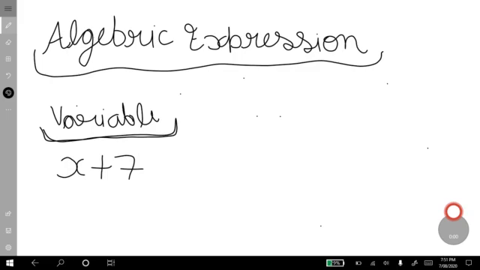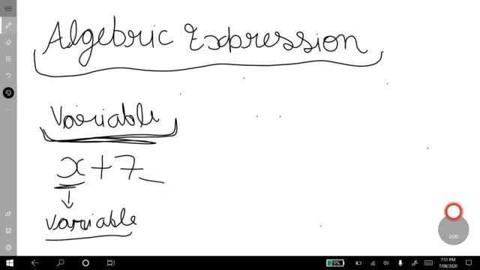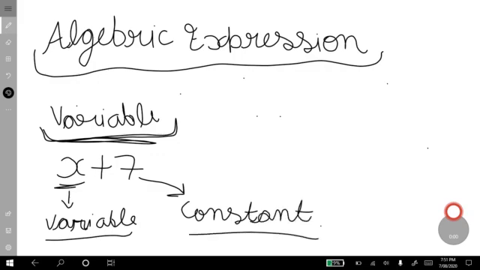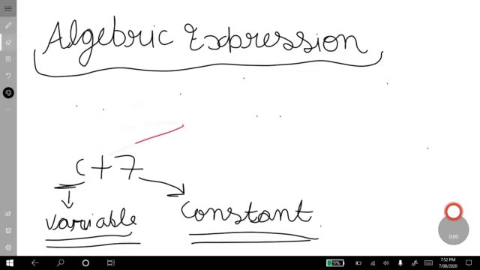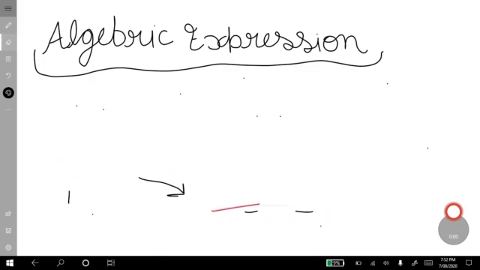This whole thing together is an expression where x is a variable, as I told you before, and 7 is a constant. So x is a variable and 7 is a constant. Please remember. Now let's move on to the next topic.